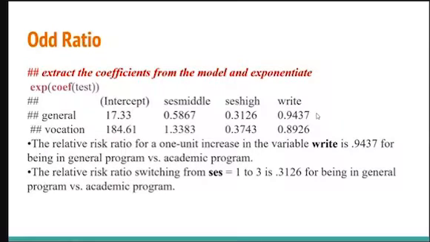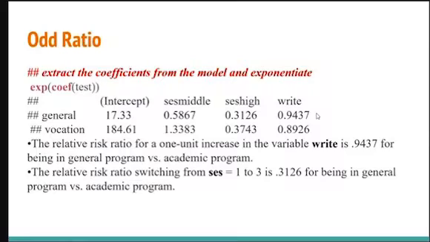The relative risk ratio for a 1 unit increase in the variable write is 0.9437 for being in the general program versus the academic program. All the time, when I mention general, it has to be versus the academic program. The academic program was actually the reference.